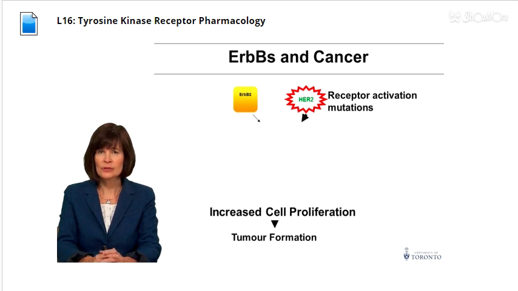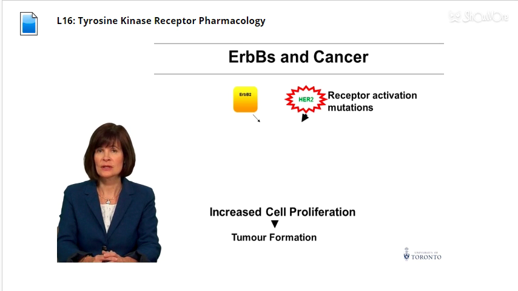There are several proteins in the ERBB pathway that are known to be mutated in a number of different human cancers. As shown here in this slide, mutations can occur in the ERBB receptors, such as ones found in the ERBB2 mutations. When ERBB2 is mutated, it is known as HER2.